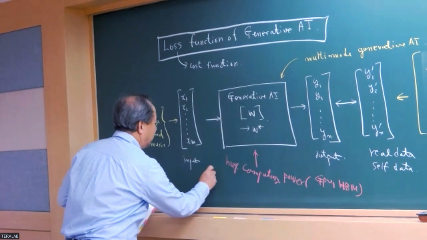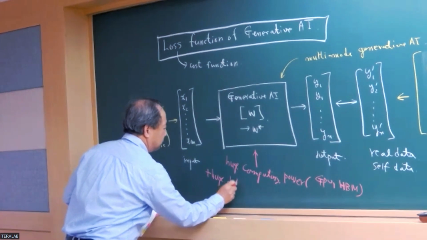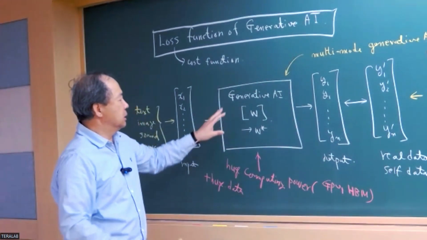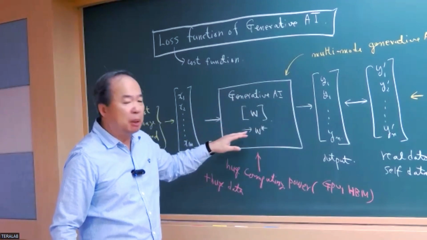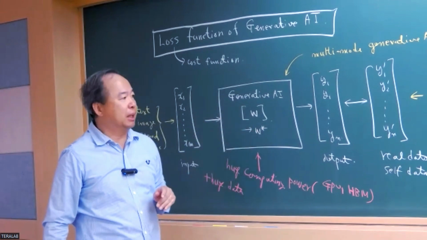Plus, we may need a huge amount of data to train this generative AI model. That means we have to optimize the weight matrix of the generative AI.